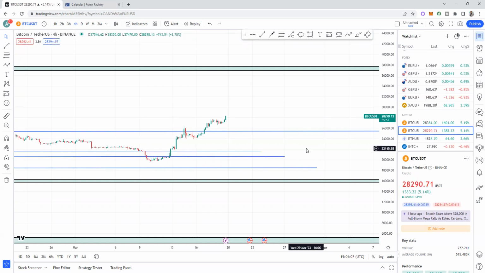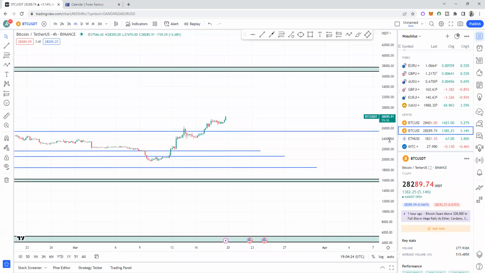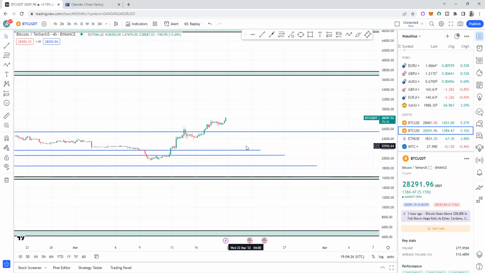So I'll be keeping my eyes and ears open. As soon as I see a retracement of Bitcoin, I'll be loading up, and I've been doing a lot of DCA on Bitcoin for the past couple of months. So hopefully, if Bitcoin keeps moving the way it is, you might see Bitcoin approaching 40,000 or 50,000 in the next couple of months.